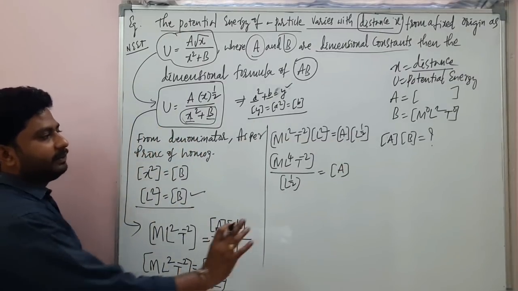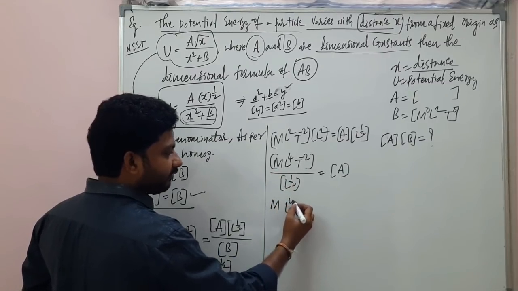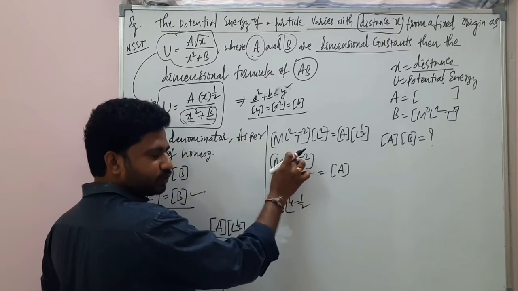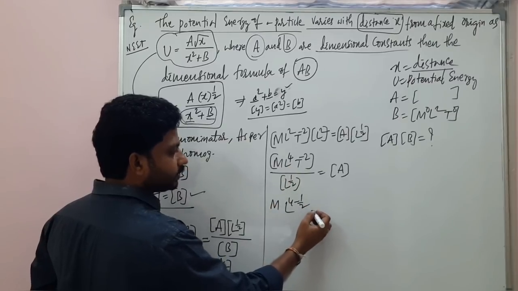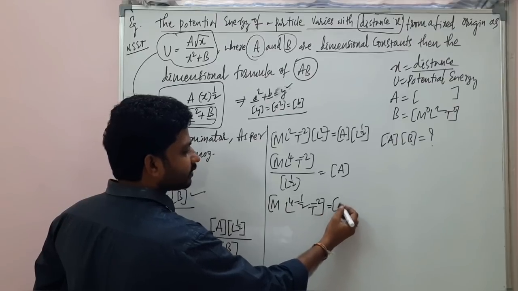So finally the dimensions of A will be how much? Look here: M L to the power 4 minus 1 by 2, because this L to the power 1 by 2 goes to the numerator and becomes L to the power minus 1 by 2, so that will be 4 minus 1 by 2, into T to the power minus 2.